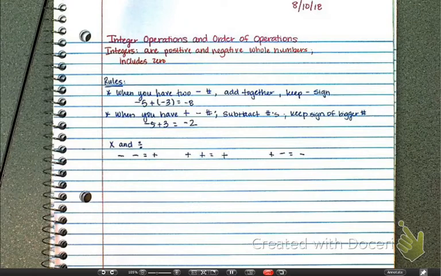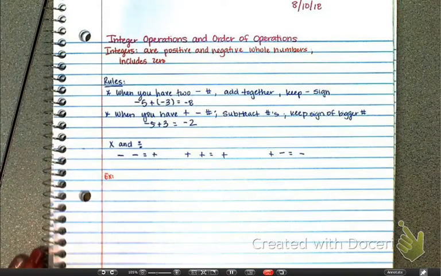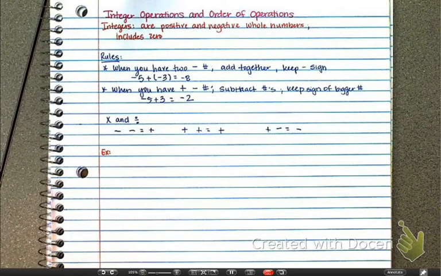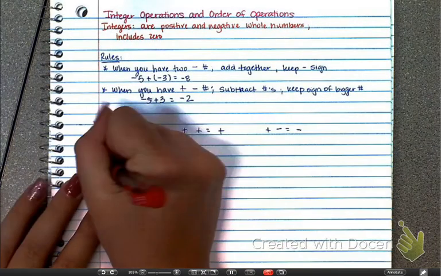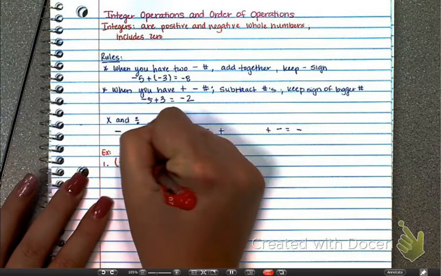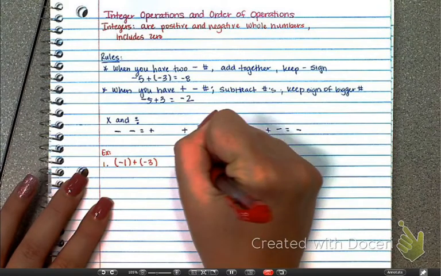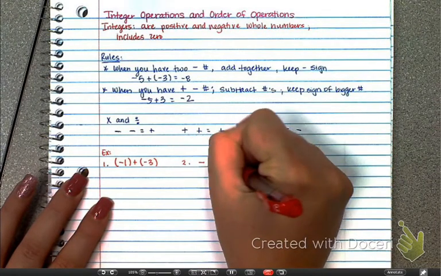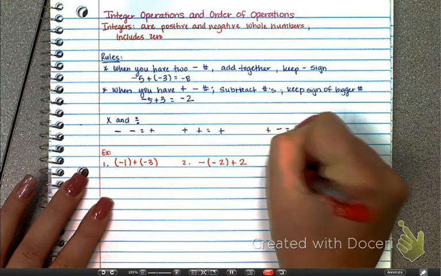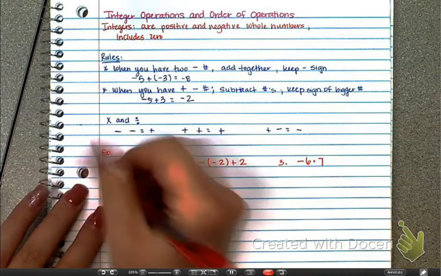All right, so let me give you a couple examples. What I would like you to do is try each of them on your own, and then once you have all 6 done, I want you to talk with your group and make sure that everyone in your group has the same answers. Okay? So, -1 plus a -3. -2 plus 2. And if you're not sure what something says, please let me know.